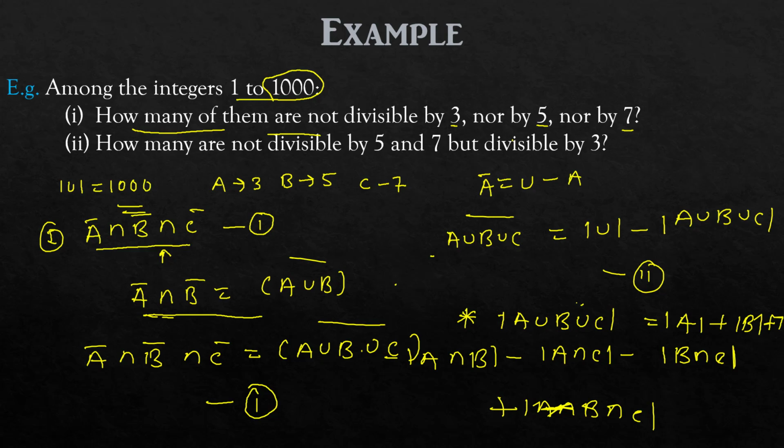This one is A intersection B intersection C. Now, this is equation number 3. Now, here we have to find all the values.